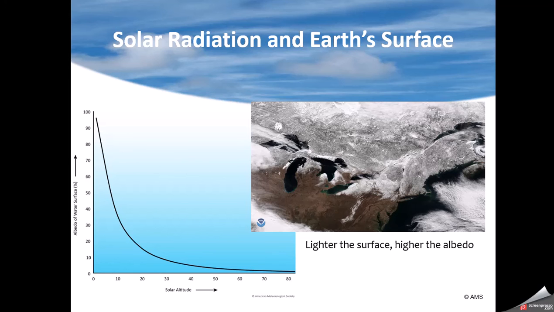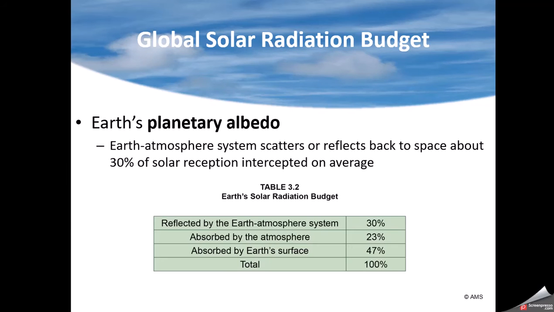So where there's snow cover, it's going to be cooler. Where there's no snow cover, it's probably going to be warmer. And here's the distribution. Reflected by the Earth atmosphere system is 30%. Absorbed by the atmosphere is another 23%. And finally absorbed by the Earth's surface, you need someplace to heat from, about 47%.